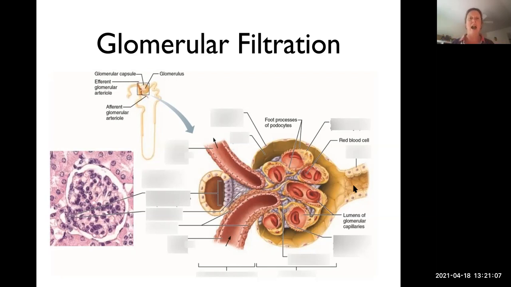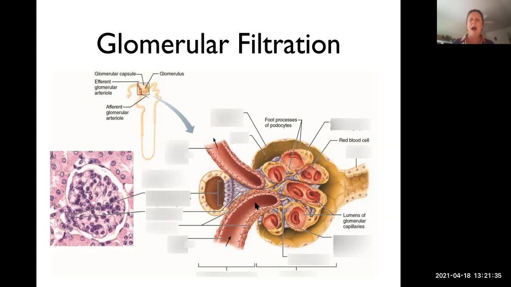If it's too high, then we end up losing stuff that we actually need to keep in our body. So GFR has to be tightly regulated. And the three mechanisms for regulation of GFR all use the same basic idea, which is dilating and constricting these two arterioles in order to change the hydrostatic pressure of the fluid in the glomerulus.